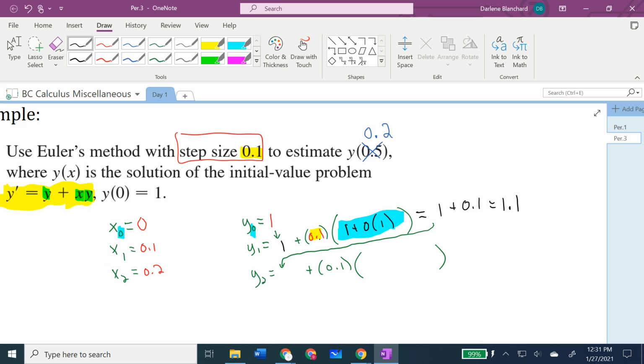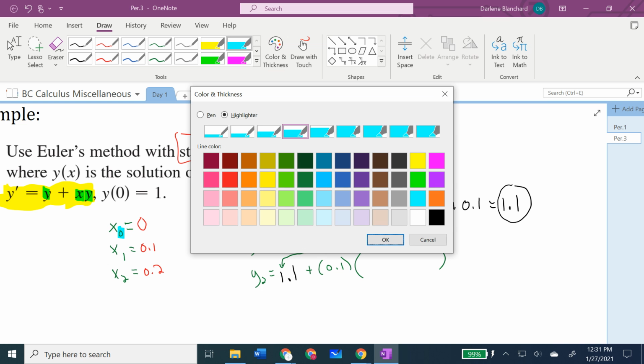For my next iteration, I'm going to take my previous y result, drop it down, add the step size times the slope, but very, very important, I'm changing my highlight color.